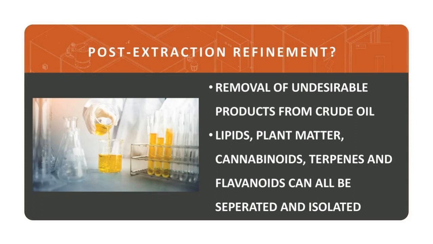Whereas CO2, because you're essentially using shearing forces to brute force out those cannabinoids and terpenes, a lot of the time you're going to bring a high quantity of the undesirable products as well. And then hydrocarbon kind of falls right in the middle. But hydrocarbon, and we'll get to this later, does have the added benefit of developments of technology like inline dewaxing that can help prevent those lipids from making it into your crude oil.